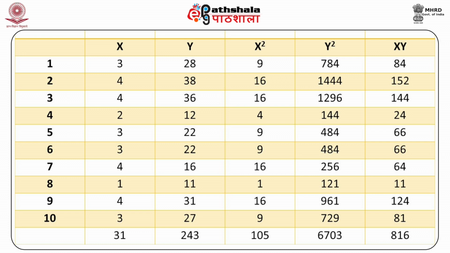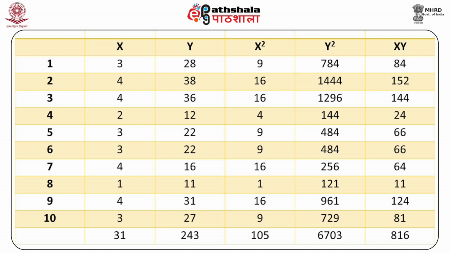By squaring all the y values, y square for the 10 subjects is 784, 1444, 1296, 144, 484, 484, 256, 121, 961, 729, thereby summation y square becoming 6703.